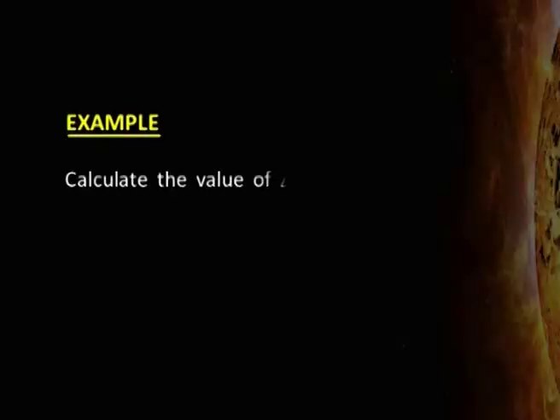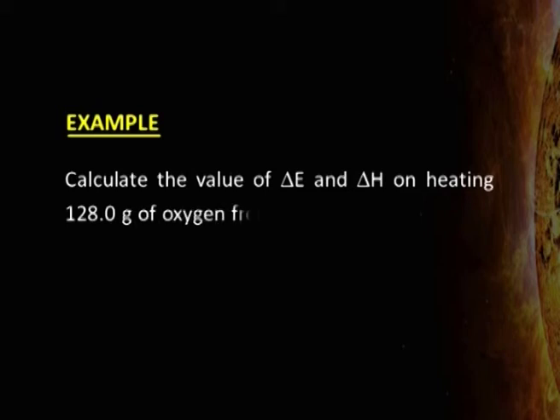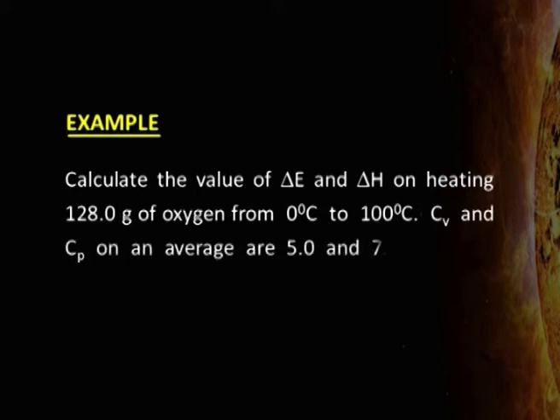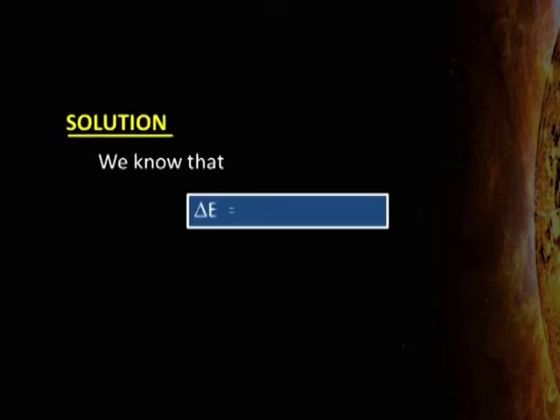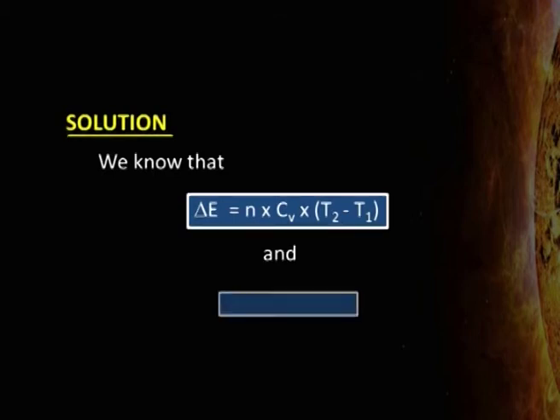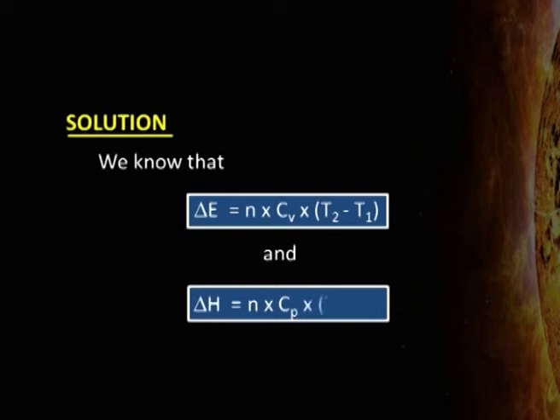Calculate the value of delta E and delta H on heating 128 grams of oxygen from 0 degree Celsius to 100 degree Celsius. Cv and Cp on an average are 5 and 7 calories per mole per degree. You know that delta E is equal to n into Cv into delta T, which is equal to n into Cv into (T2 minus T1), and delta H is equal to n into Cp into (T2 minus T1).